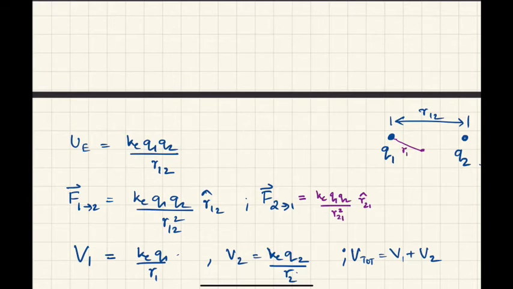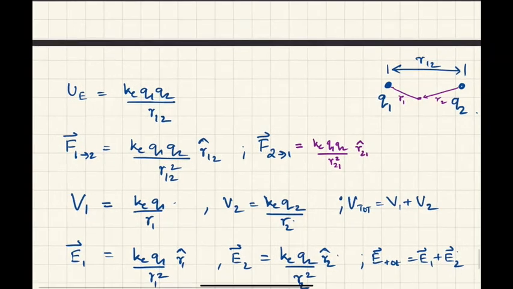And similarly, r2 is the distance of that point from Q2. So the potential generated by Q1 is simply Kc Q1 by r1, and the potential generated by Q2 is Kc Q2 by r2, and the total potential generated at that point is the sum of these two potentials. And you can repeat this exercise for all points on this plane.